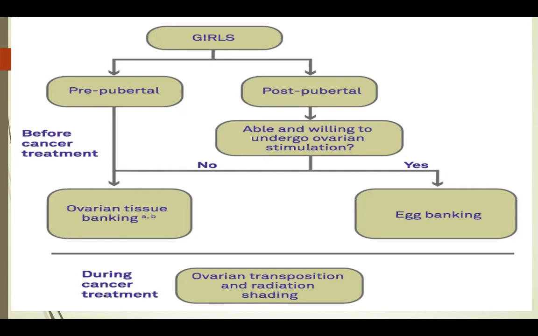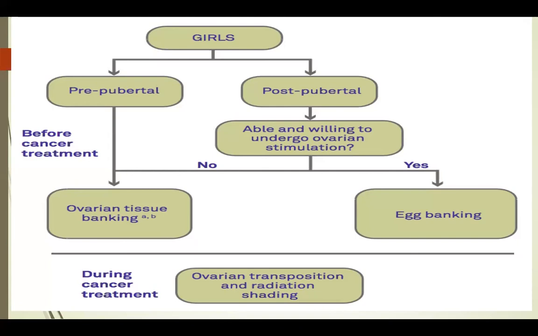Dr. Asiri asked, do you ligate the fallopian tubes with ovarian transposition? Actually, Dr. Ali, we don't, but sometimes if the ovary is not mobilizing with us, we do salpingectomy.